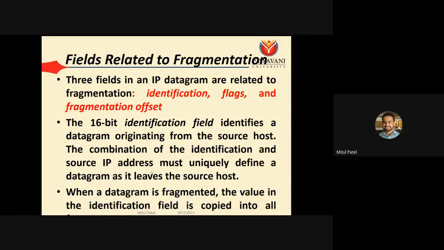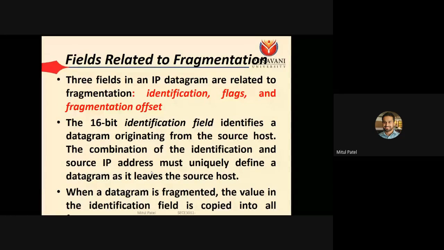And we can say that જ્યારે આપણે fragmentation perform કરીએ, if we are dividing our packet into 5 fragments, so this identification value must be copied to all fragments. receiver બાજુ પણ આપણે ખબર પડવી જોઈએ કે આ એક જ પેકેટના બધા અલગ-અલગ પાર્ટ છે. So for that we require this identification field.